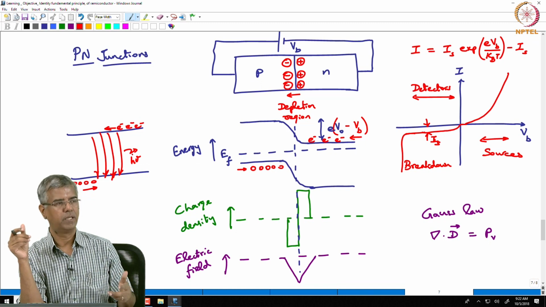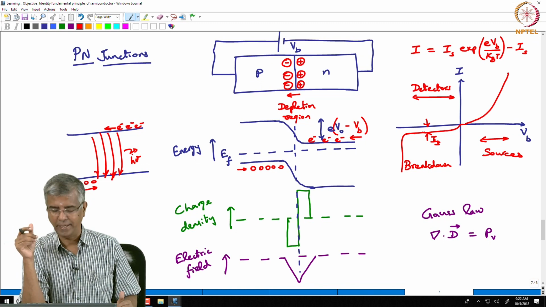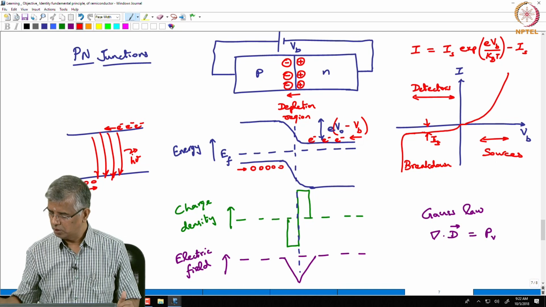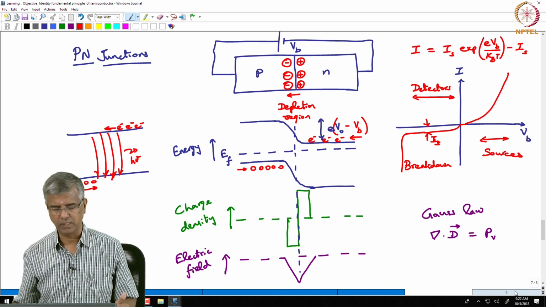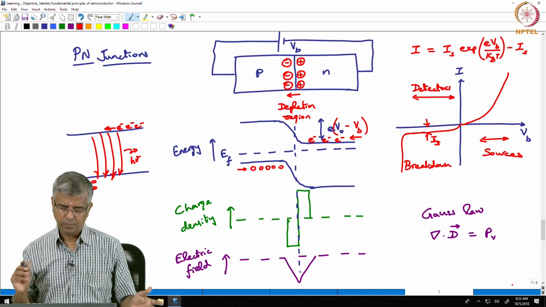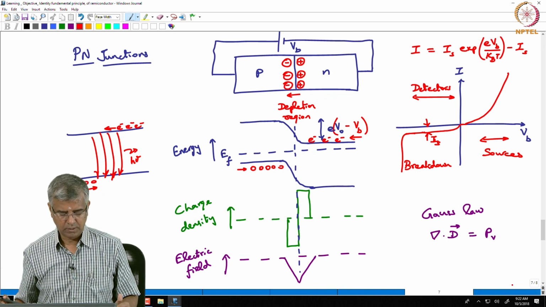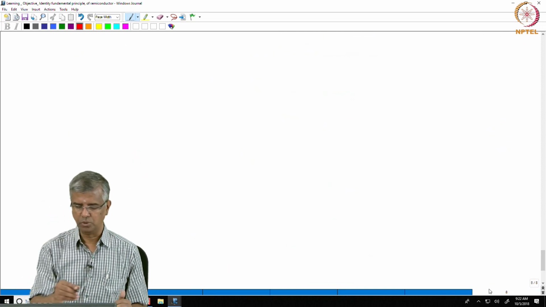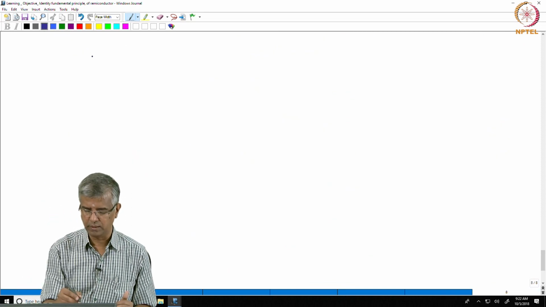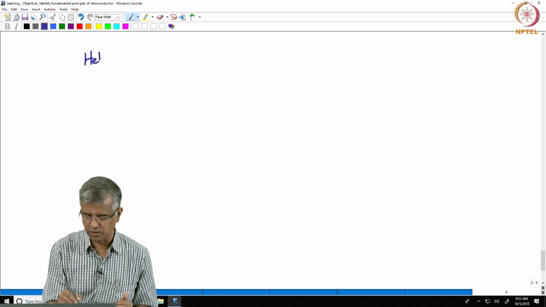So, there is no confinement of the light also. So, to improve this, to have some sort of confinement of the carriers as well as the light, you actually go through what is called a heterostructure.